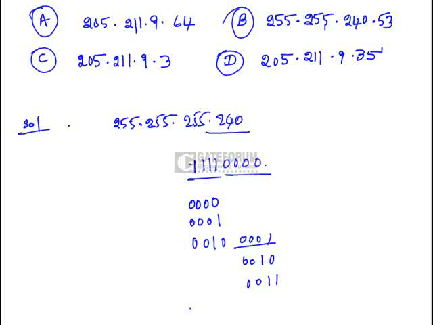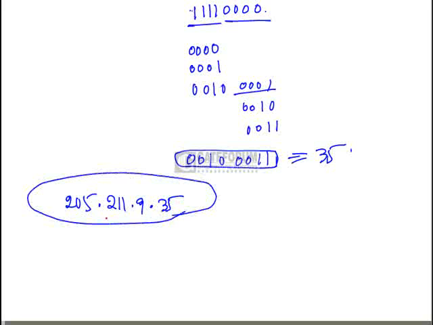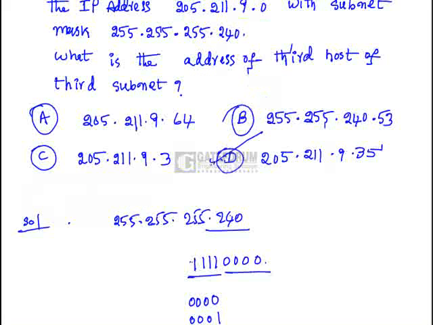So 0010, 0011 is the address of the third host of the third subnet. This is equivalent to the value 35. So in this network, 205.211.9.35 is the IP address of the third host of the third subnet. So which is option D. Option D is the correct option.